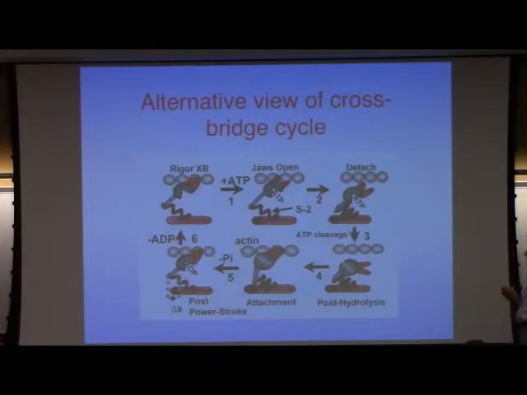So here's the cycle again. We start here, this is the rigor step, and here it's drawn with these jaws clamped down onto the actin. So you add ATP, and now the jaws open and they can come off. Once you bind ATP, the cross bridge can be detached, and then the ATP is cleaved, leaving ADP and Pi.